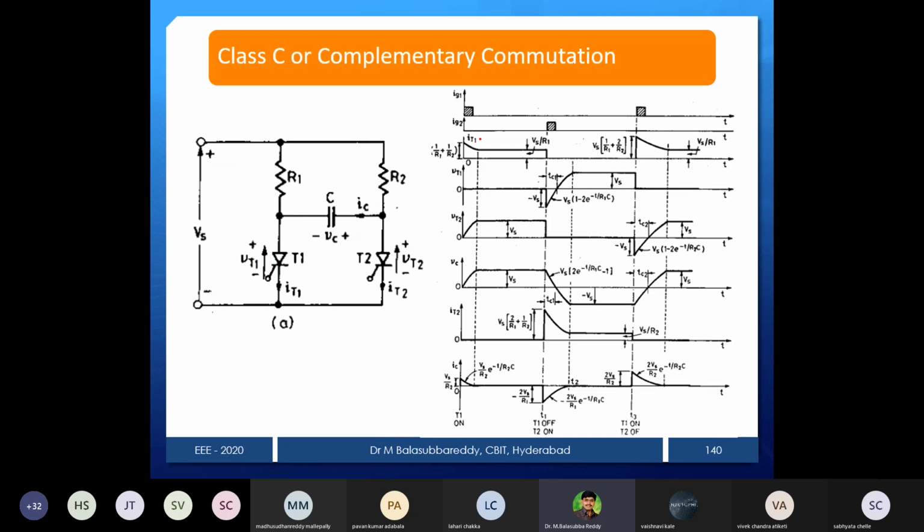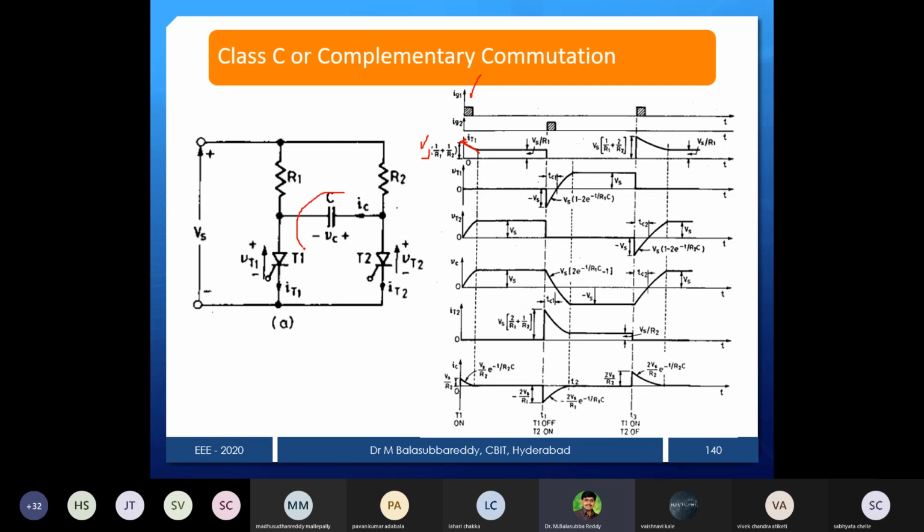Now I am giving a firing pulse to SCR1. Then the initial current will be high. What is that value? Vs into 1 by R1 plus 1 by R2. Later on, while it is charging the capacitor, the current passed through the capacitor will decrease.